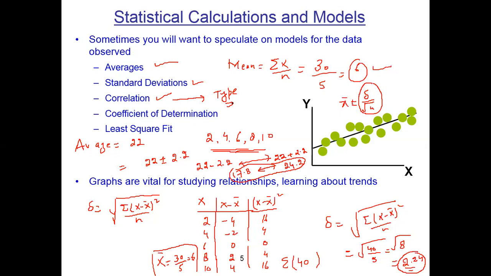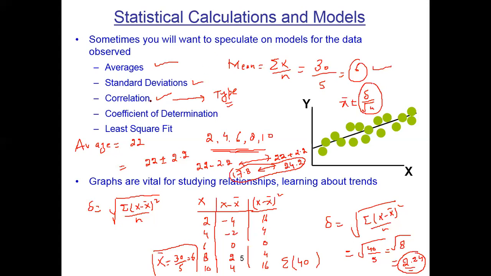There are some negative relations, like, for example, mass and acceleration. If you apply force on a body and you increase mass, the acceleration will decrease. So these are types of relation. In linear relation, the change is constant. In non-linear relation, the change is not constant.